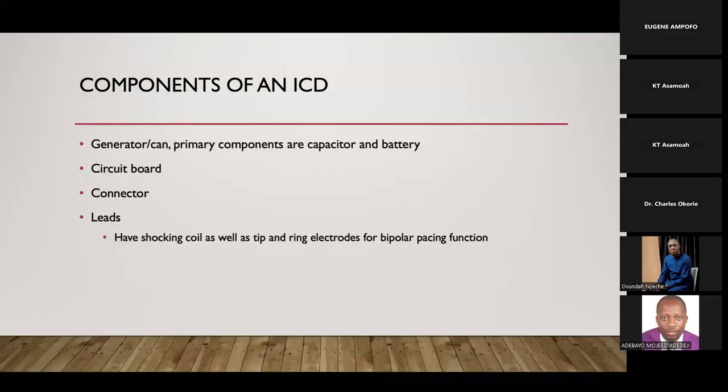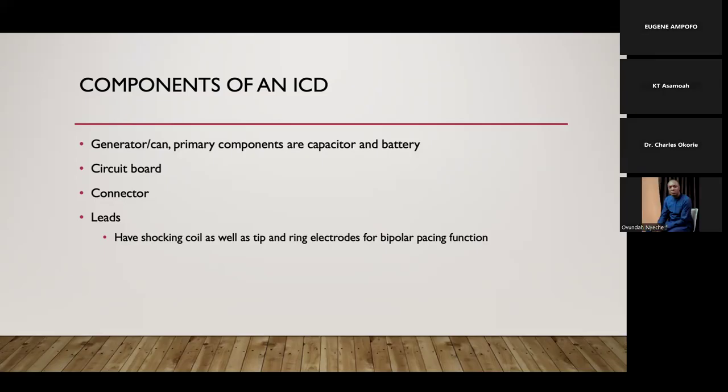Yes, so as I said, it's made of the generator, which has the battery and the capacitor in there. We have the circuit board and then the connector, which is what the leads will connect to. And then we have the actual leads that perform the shocking or the pacing.